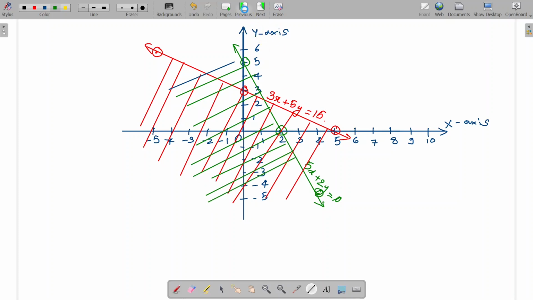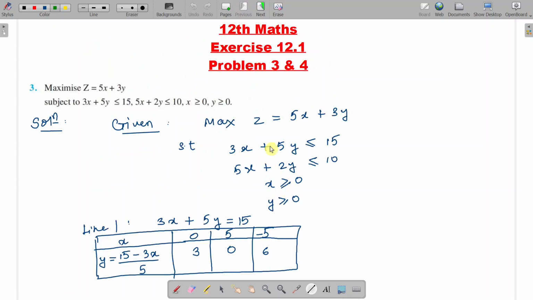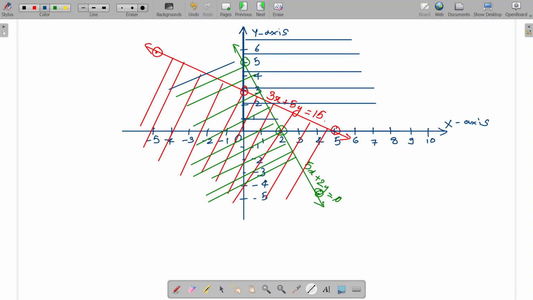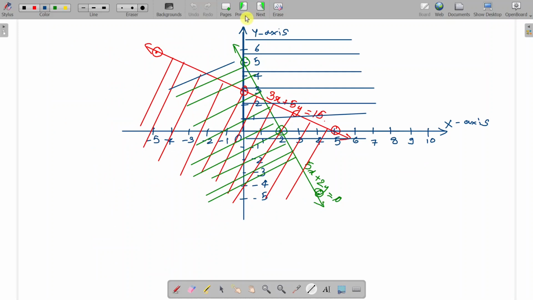And now let us go to the third line. So x greater than or equal to 0, so that means on the right hand side of the y axis, right? This we have seen. And y greater than or equal to 0 means above the x axis.